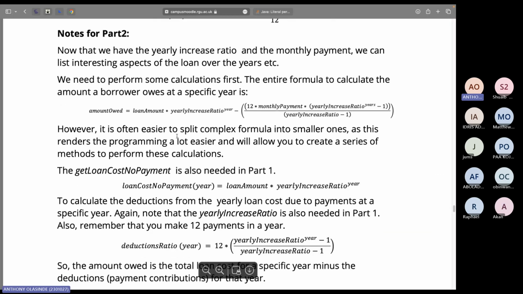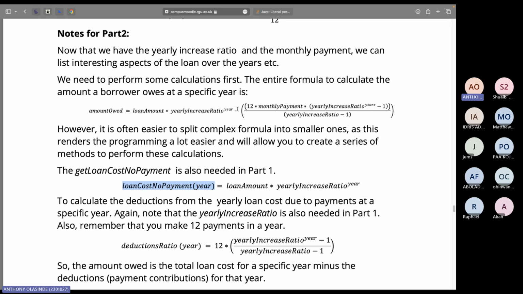However, it is often easier to split complex formulas into smaller ones, as this renders the program a lot easier and will allow you to create a series of methods to perform this calculation. You can remember we did this loan cost no payment earlier. You can see that it's almost the same thing as one of these things.